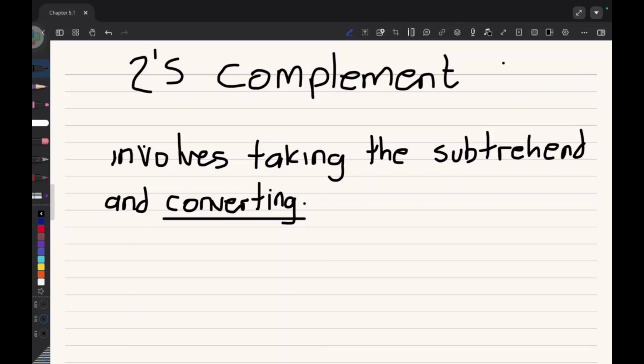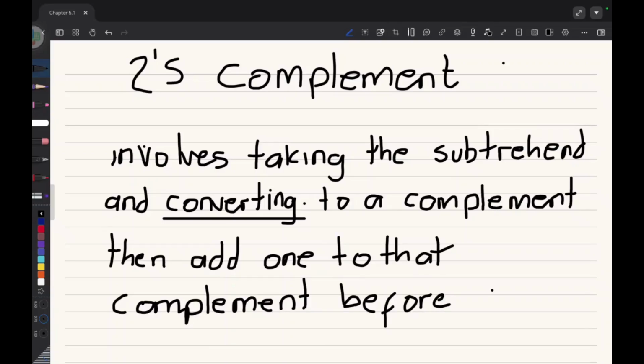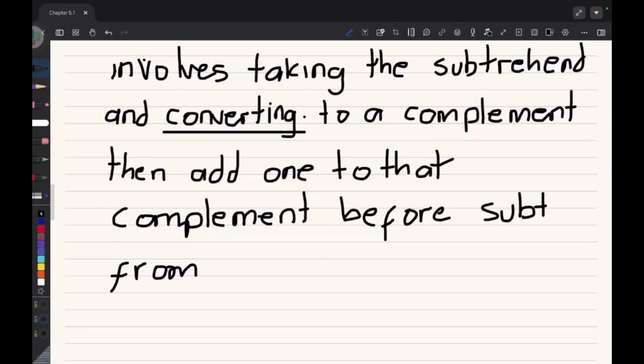And after converting it to the complement, you add 1 to that complement before subtracting it from the minuend.